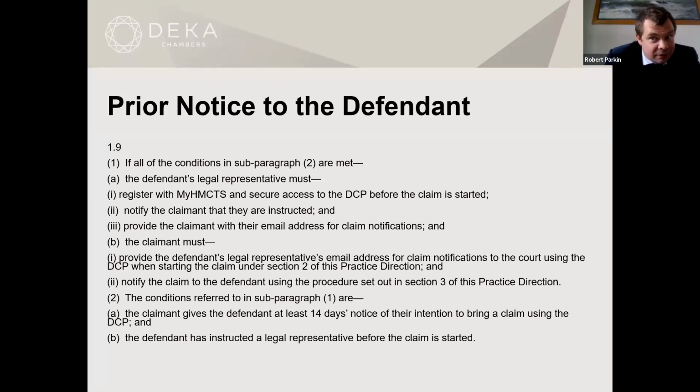Presumably they've already done that if you know the defendant has instructed legal representatives. And you then have to provide the email address that they give you to DCP.